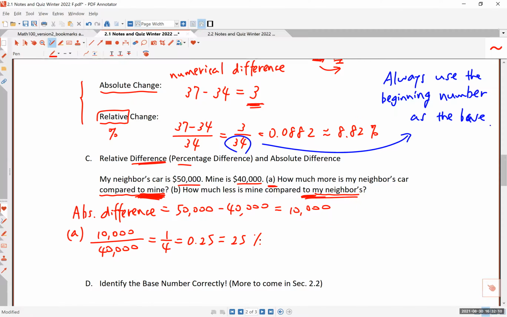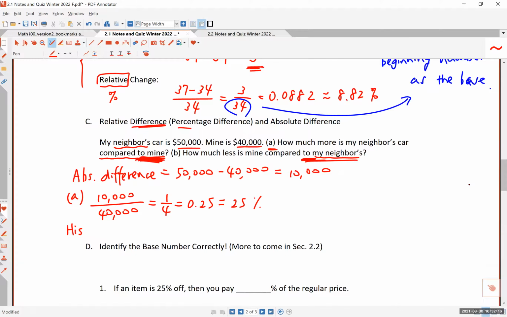So you can say, let's say my neighbor is a man, his car costs 25% more than mine. And that would be the correct statement.